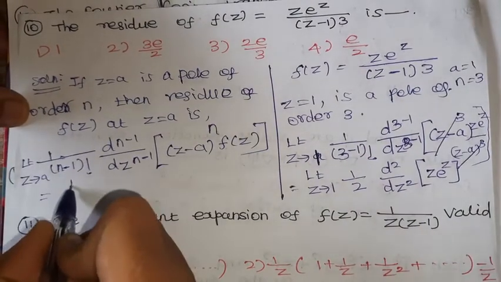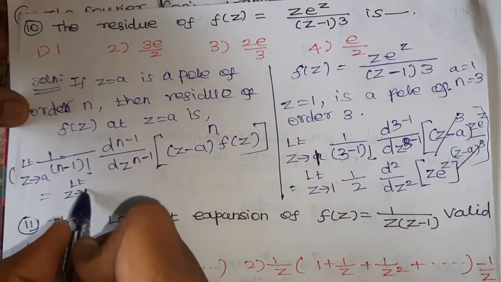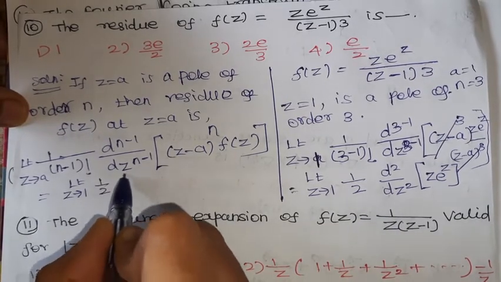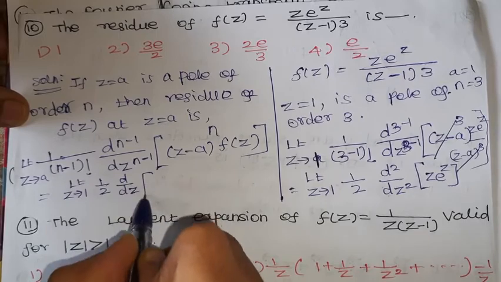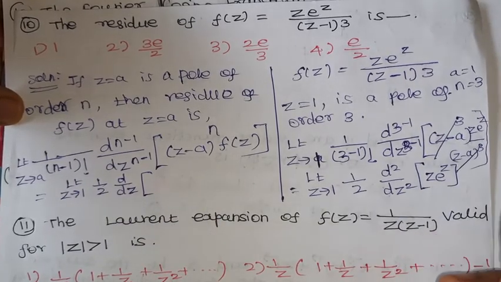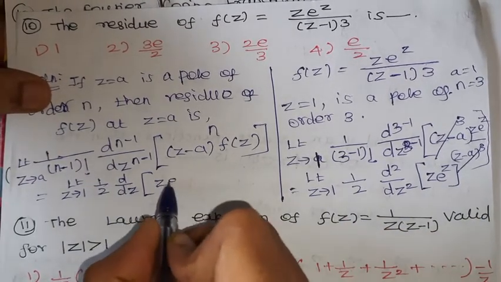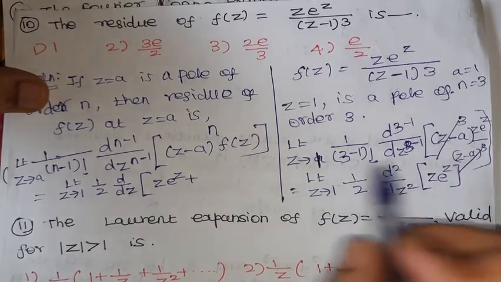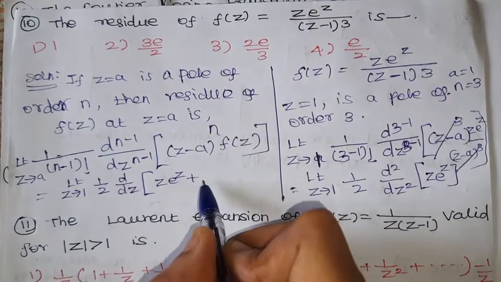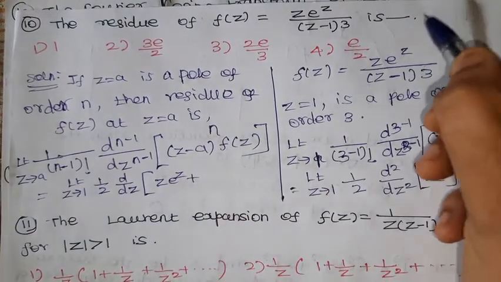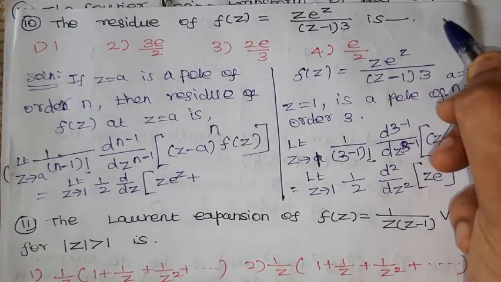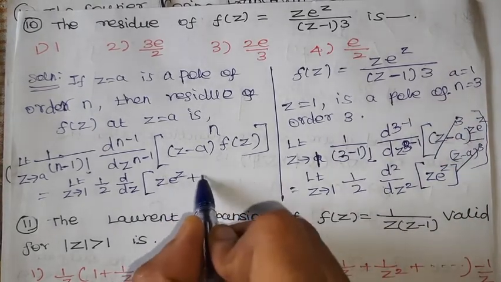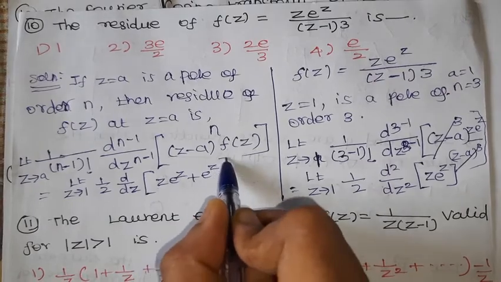So limit z tends to 1 of 1 by 2 into d by dz of z e power z. Differentiating one time with the uv formula, u dv plus v du, d by dz of z e power z is z e power z plus e power z.